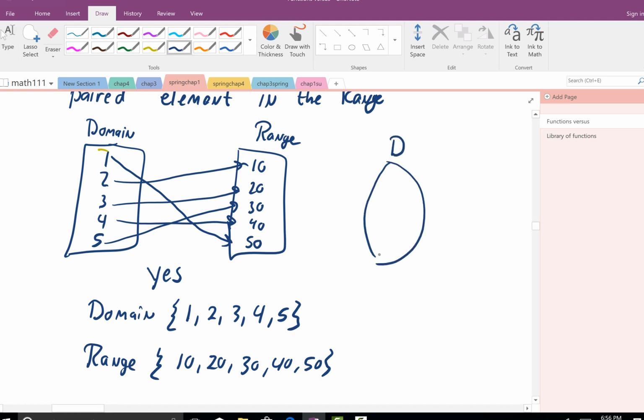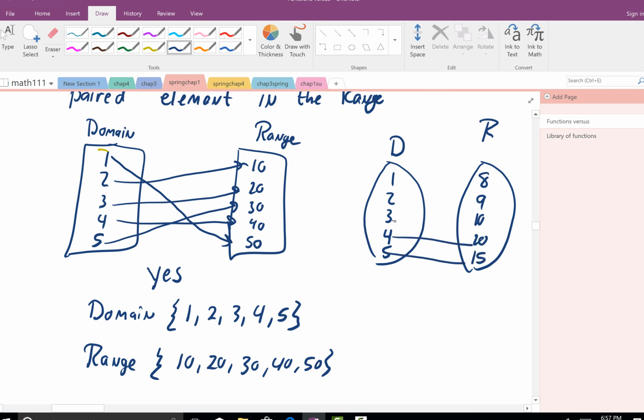Sometimes they show them like this. They have little bean shapes. I've seen this before. Arrows.